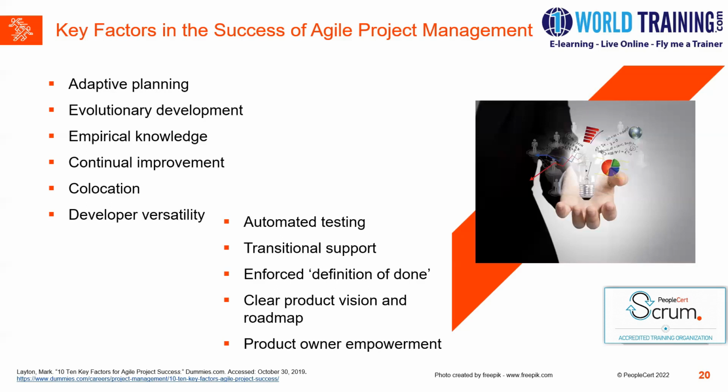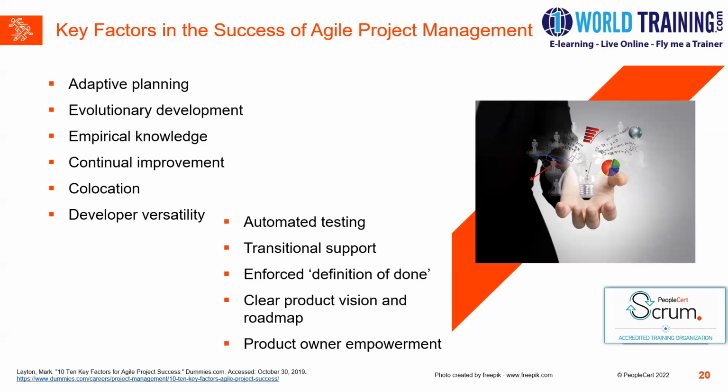Also, there has to be a clear product vision and roadmap required for the team, so that the agile team or scrum team can start working with the product vision and roadmap. Having clarity of vision and roadmap enables the team to deliver value in the most effective manner. It is important that the product owner provides empowerment.